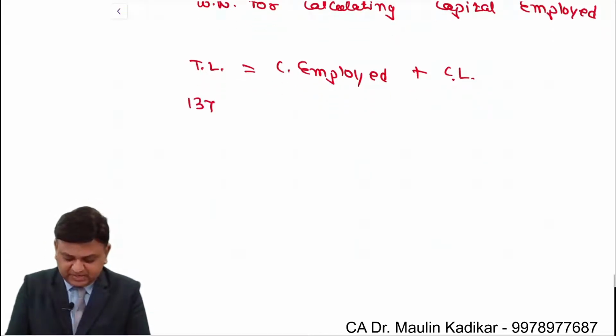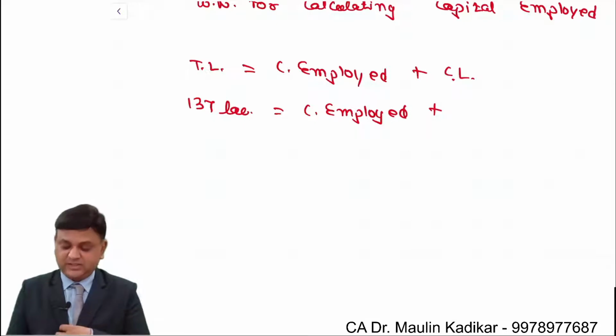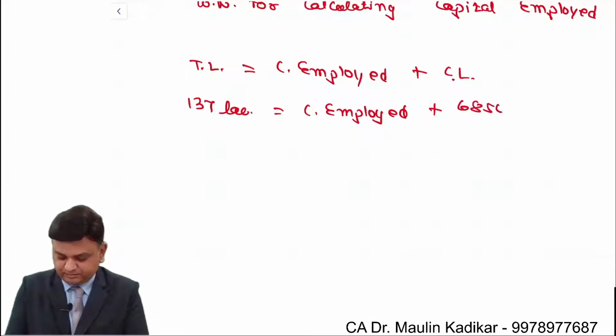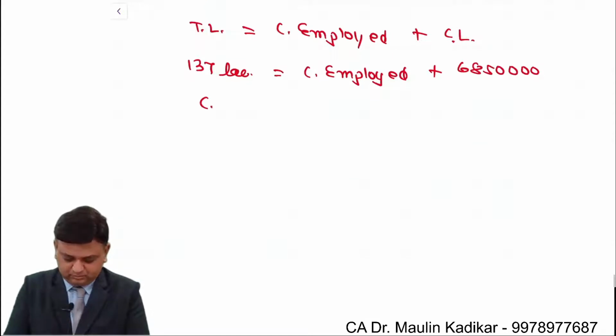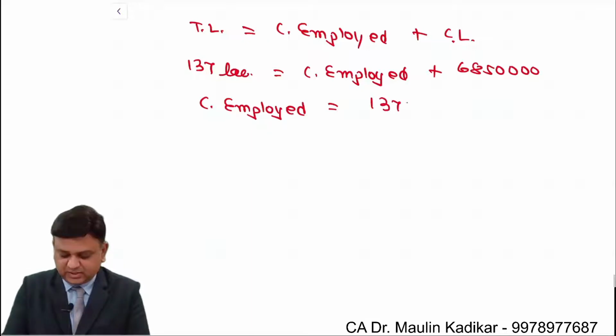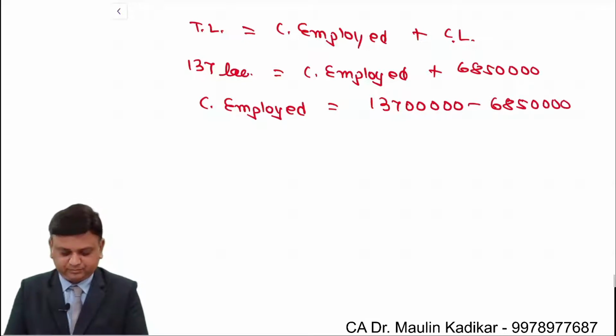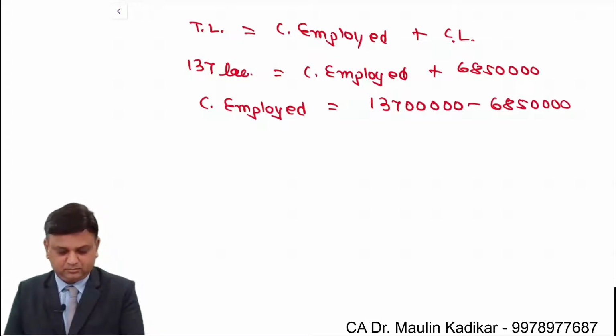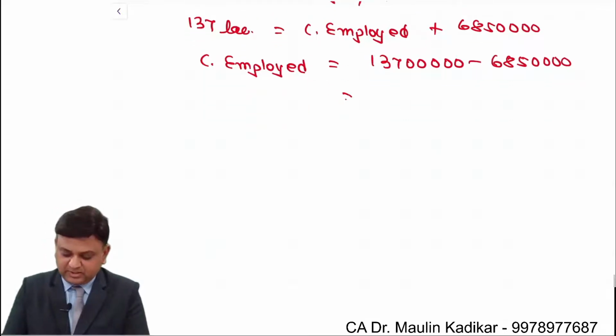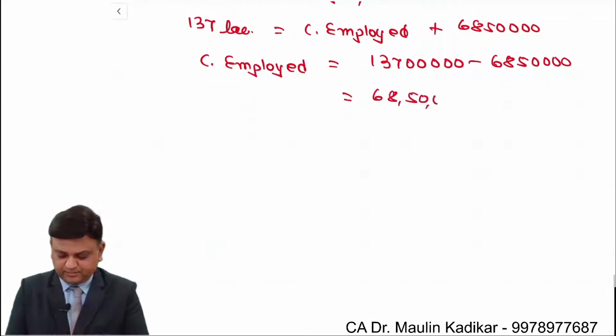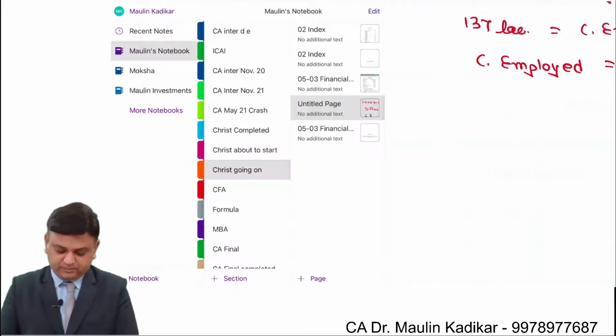Total liability is 137 lakhs, which is equal to capital employed plus current liabilities, which is 68,50,000. So capital employed is 137 lakhs minus 68 lakh 50,000. So it comes to remaining 68 lakh 50,000. Listen carefully, all of you.